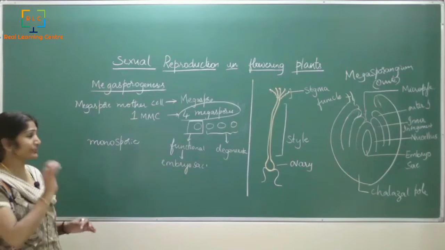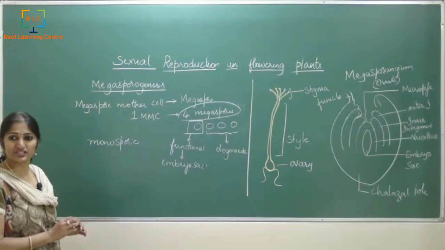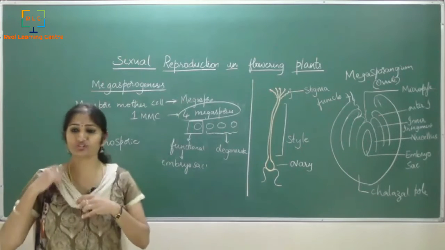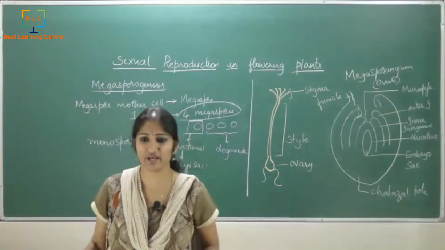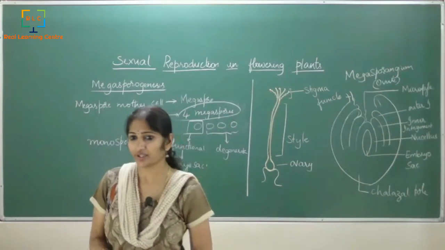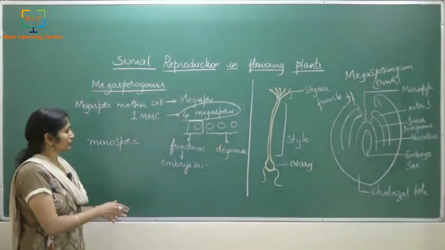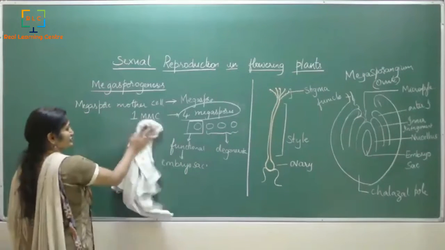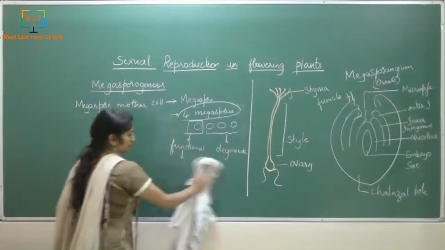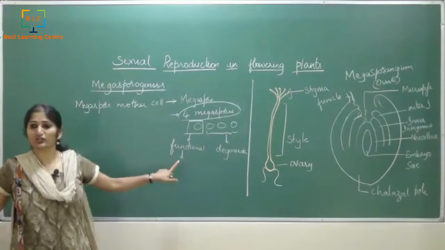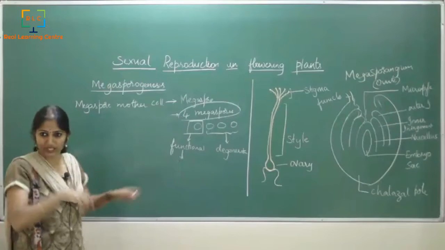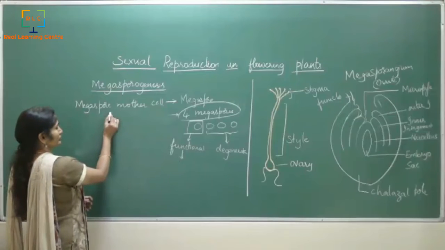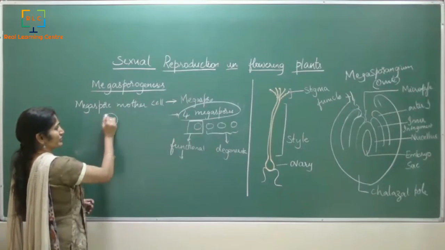Now let us continue further and see how the formation of the embryo sac actually happens. I will erase this. There is only one functional megaspore, so let me call this the functional megaspore.